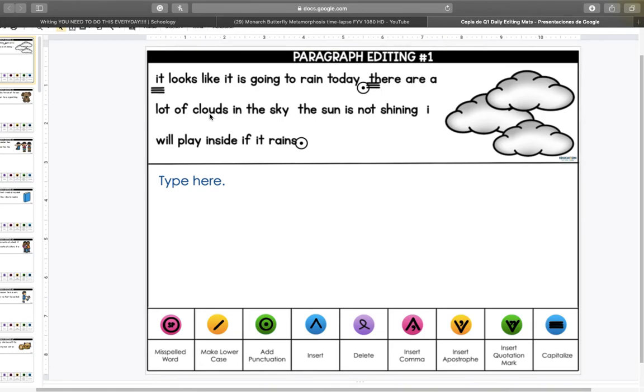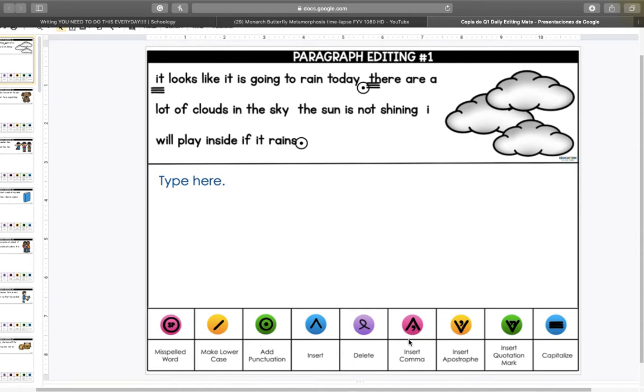There are a lot of clouds in the sky. The sun is not shining. Okay, so right here, this sentence is talking about the clouds in the sky, right? And then the next thing is talking about the sun. It's not talking about the clouds anymore.